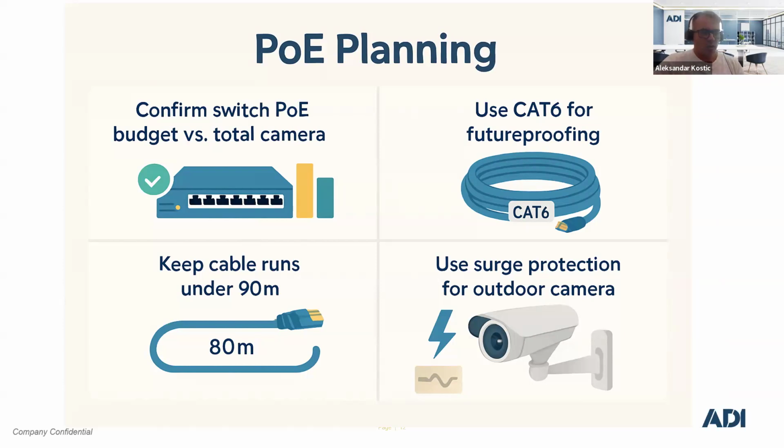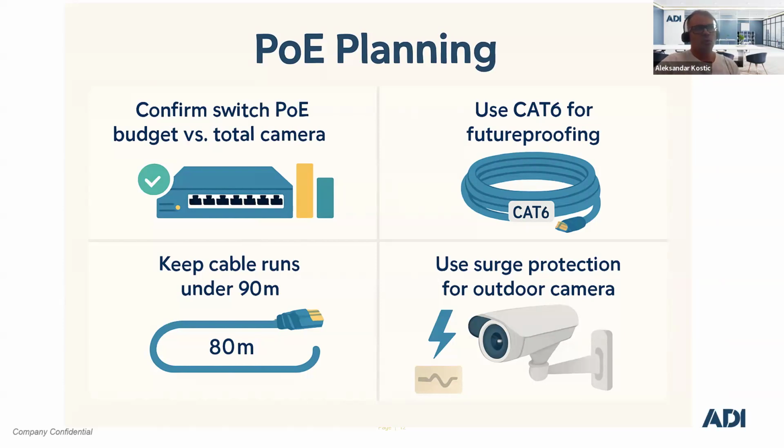But cameras are also, in like 99% of cases, powered through the switch itself using PoE. So we need to take care that we also have enough PoE budget on the switch when we do the design for video surveillance.